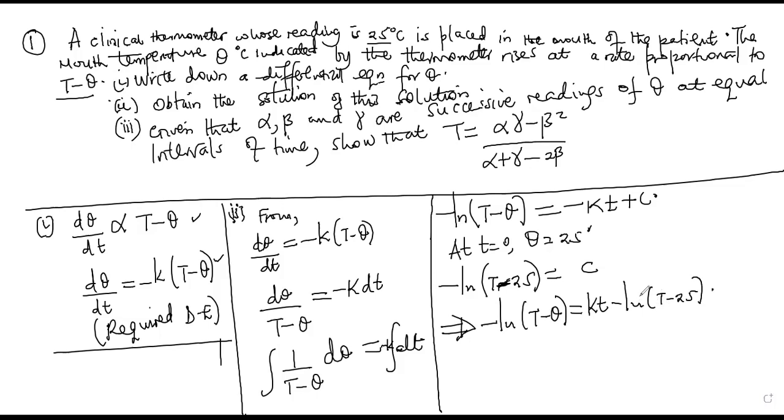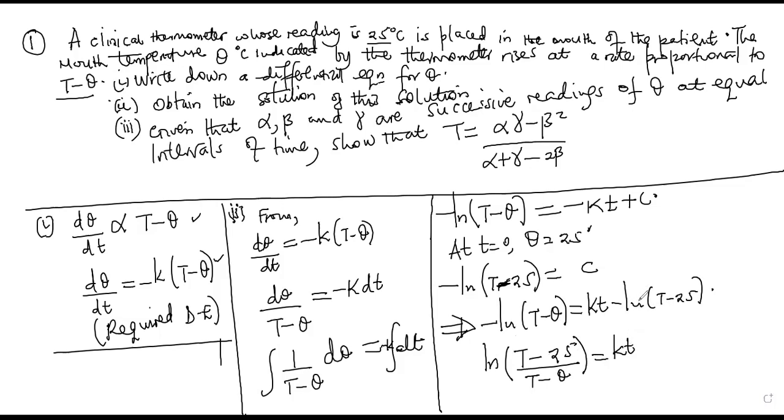So we can bring the ln's together. If you bring it this side, it will be plus, so we shall have ln T minus 25 over T minus theta is equal to kt.